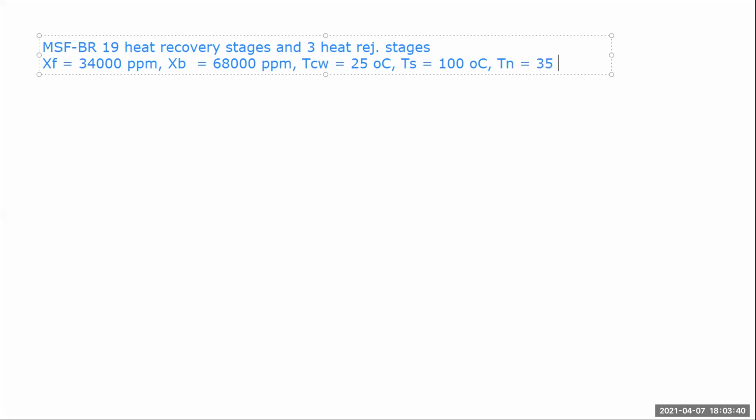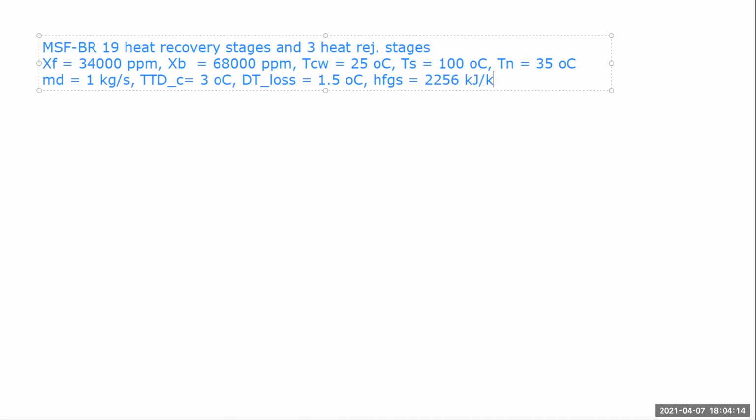Tn is 35 degrees centigrade, which is the temperature at the last stage. Productivity is expected to be 1 kilogram per second. Thermal temperature difference, cold, is 3 degrees centigrade. Delta T loss is 1.5 degrees centigrade. HFG of steam is 2256 kilojoule per kilogram.